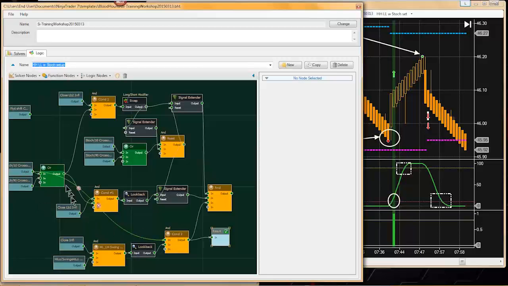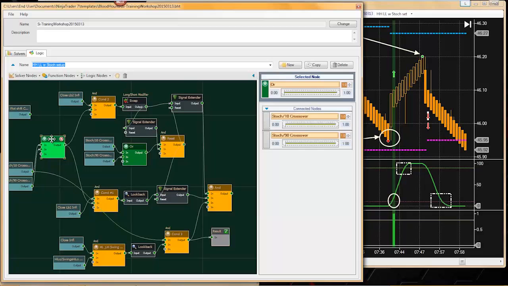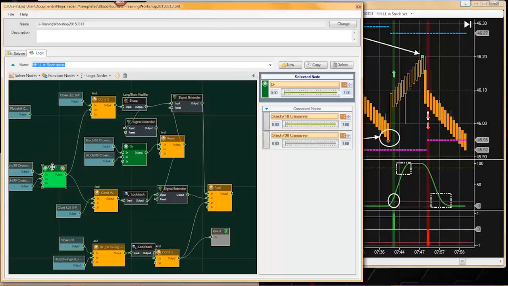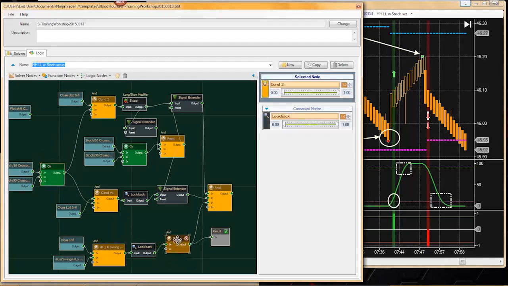And, oh, here we go. So you see we only have one crossover plugged into condition 3 here. So that's where the leader from the OR node didn't get connected yet. So let's take the OR node, plug that in.